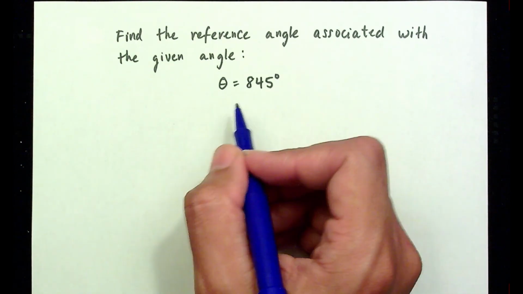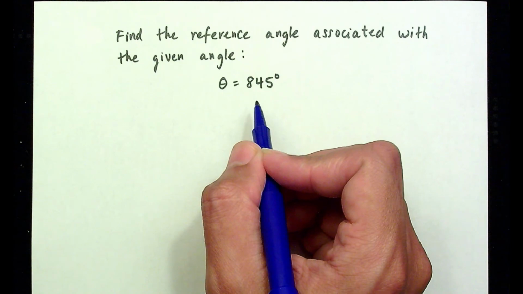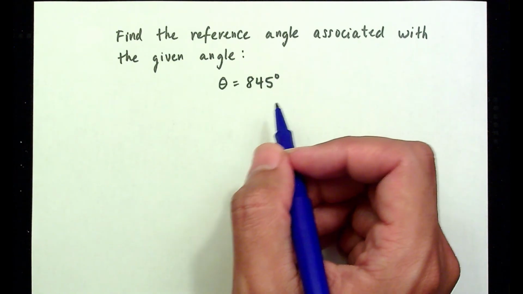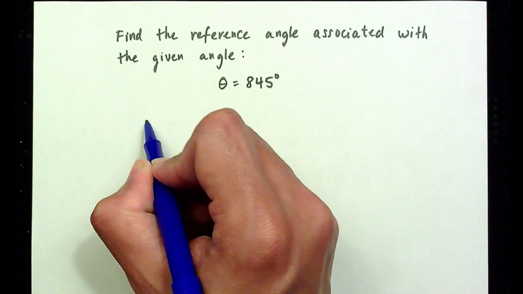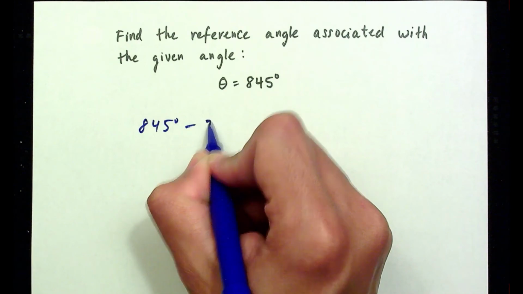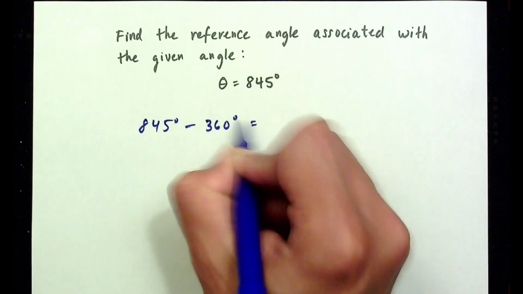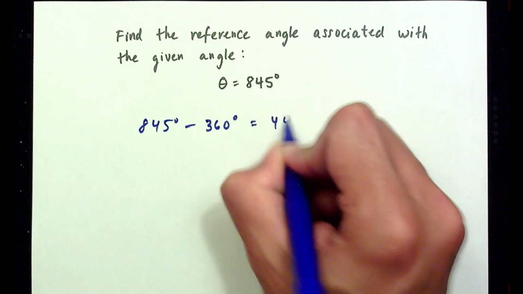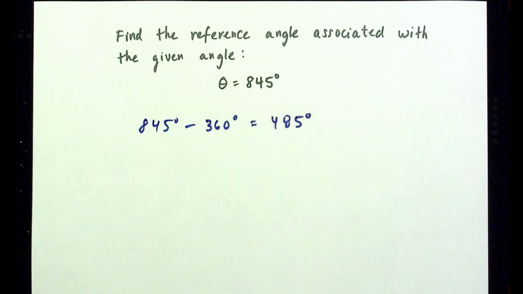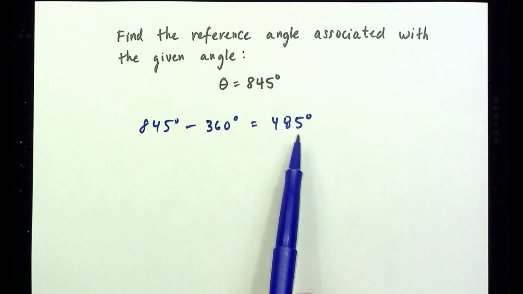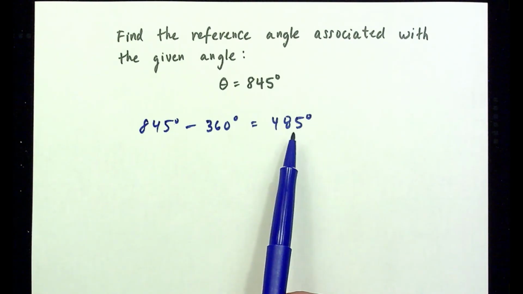In this case, this is bigger than 360, so we're going to bring it down by subtracting 360. Okay, so let's start by making this angle smaller. If you subtract 360, you will get 485. So this is an angle that is coterminal, has the same picture, and it is easier to work with.